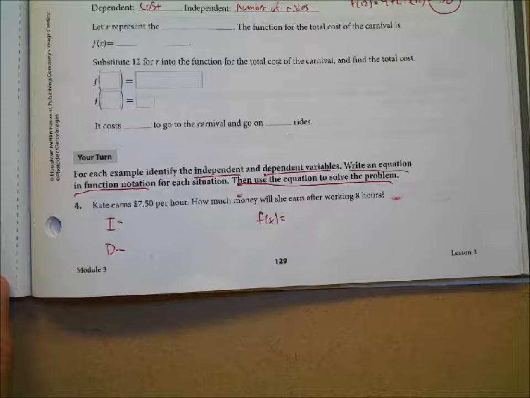Flip your independent and dependent, so it's the hours worked and the cost. But your equation is correct? Yes, the function was right. Good job. Thank you. Okay, that's good.